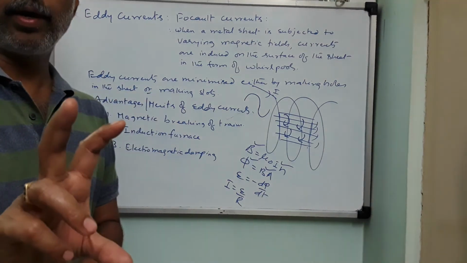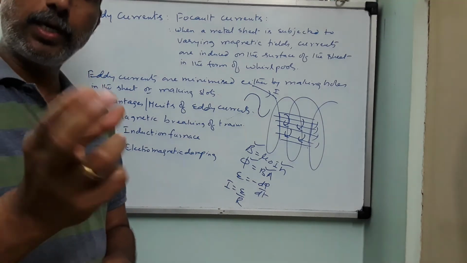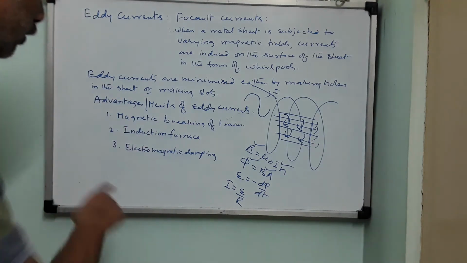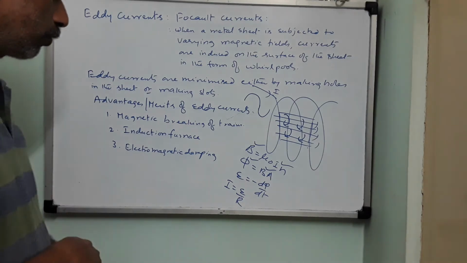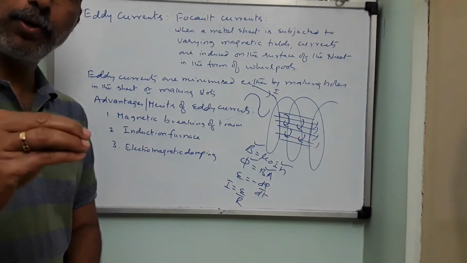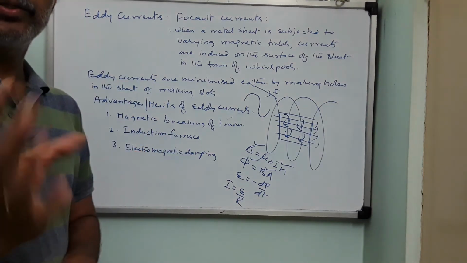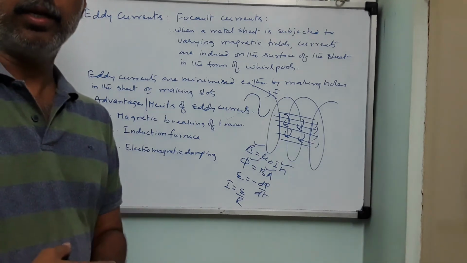So wherever you require damping, wherever you require the oscillations to subside, to gradually decrease, there you use this phenomenon of eddy currents. That is called what? Electromagnetic damping. It means you are purposefully producing damping in the oscillation of the coil. In such a case, you have to allow the current to change continuously.